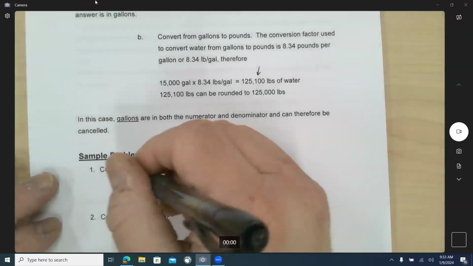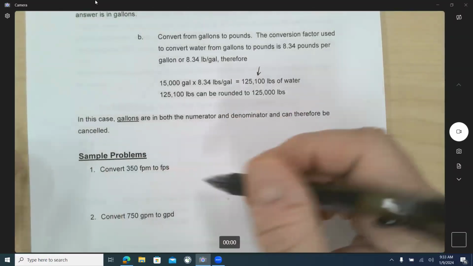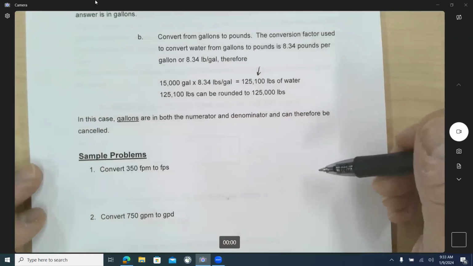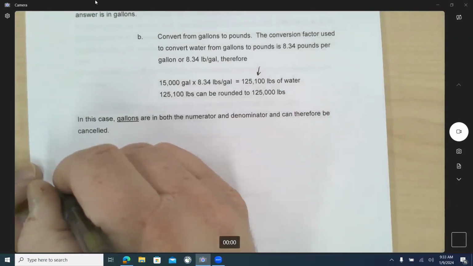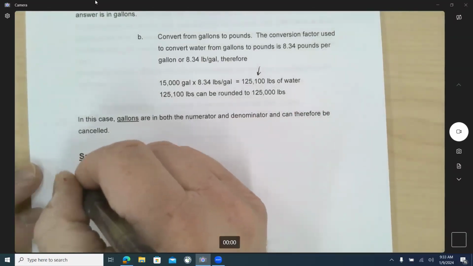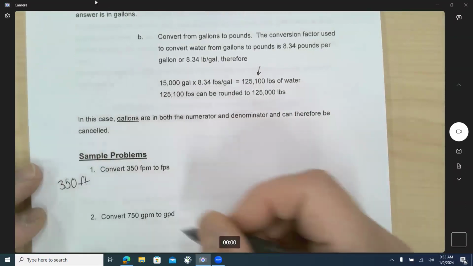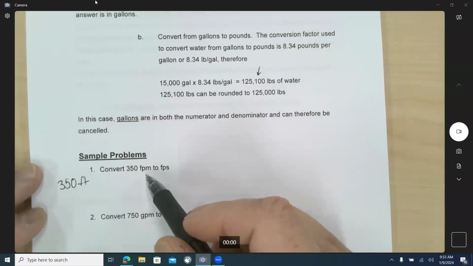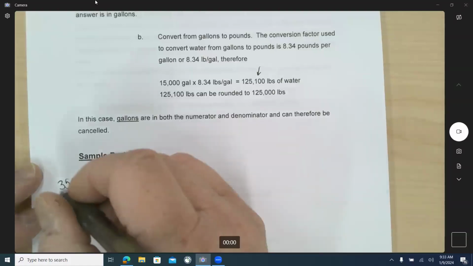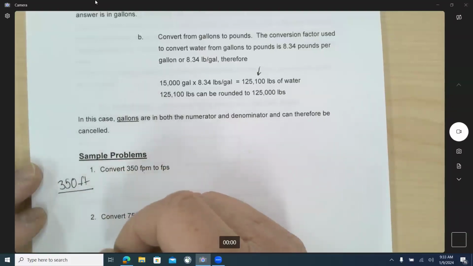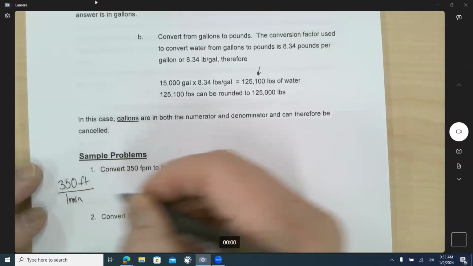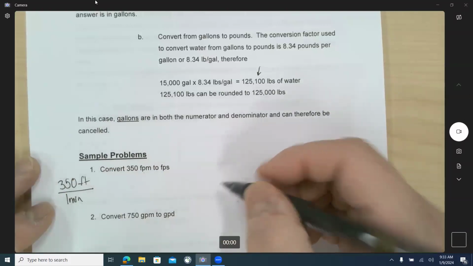So, I'll write it out, but I'm not going to do it. 350 feet. Do you agree with me so far? 350 feet. The P stands for per 1 minute. Wait a second. The per.